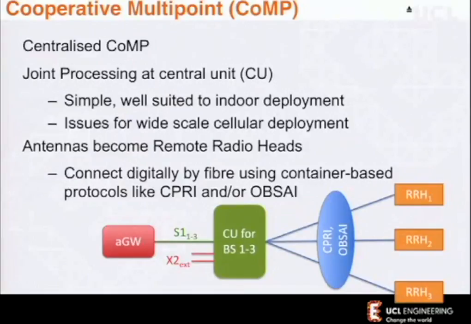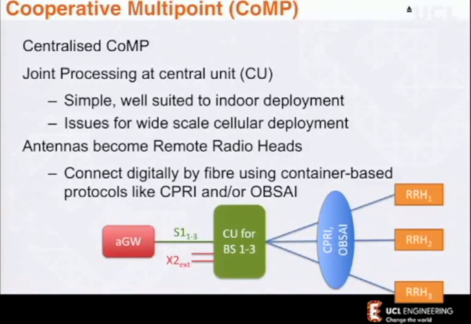So one of the first things we're seeing in LTE is the idea of cooperative multipoint. Now this in a way is distributed MIMO, essentially. You have two antennas, they're not next to each other, separated by a quarter of a wavelength anymore, they're in two distributed locations.